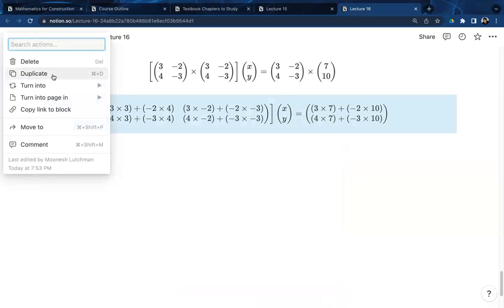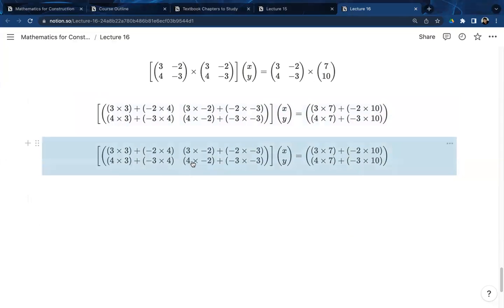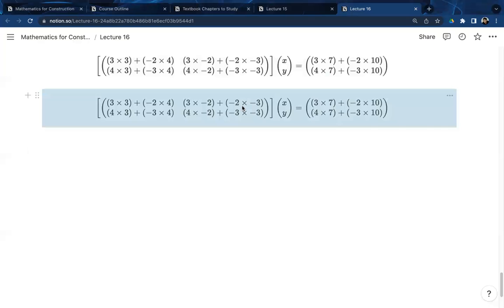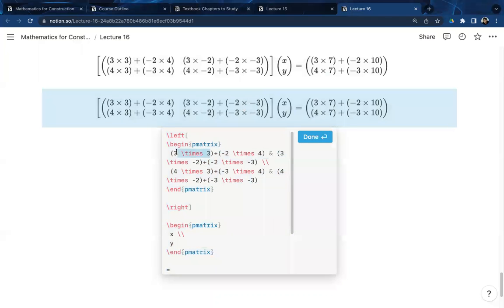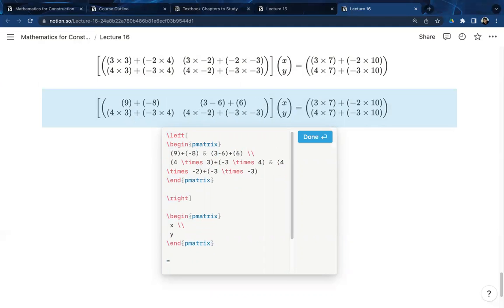So we simplify this here. This is 9. This is 8. Negative 6. 6.